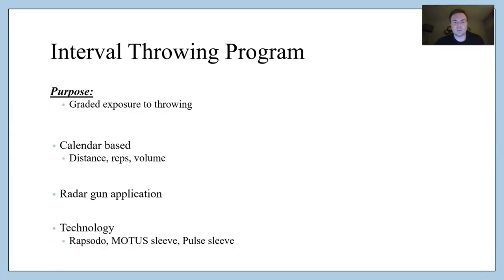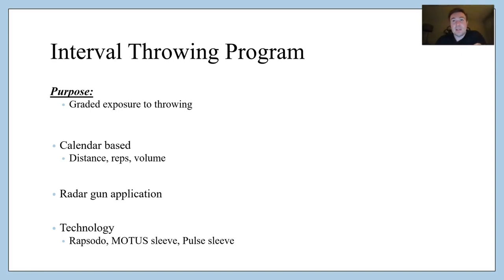So what do we do with interval throwing programs? We do graded exposure to throwing. This can be calendar based, like we look at distance, reps, and volume, returning throwing, or we could use a radar gun to assess their objective output in terms of velocity, so we can manage their workload a little better. And we could use technology such as these three different systems.